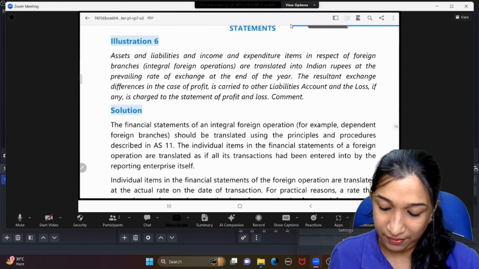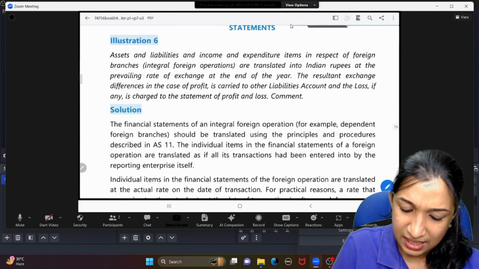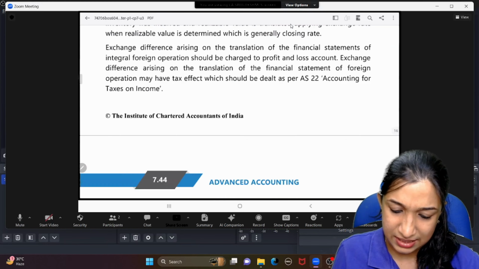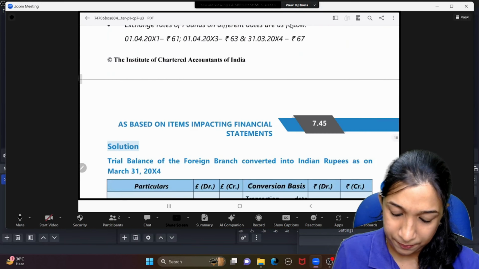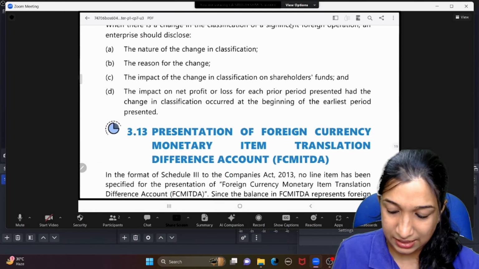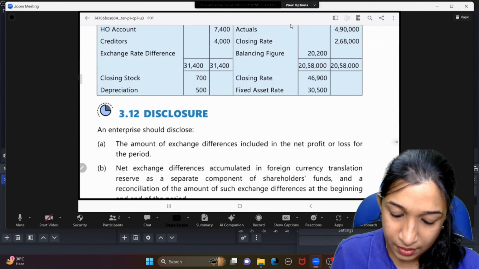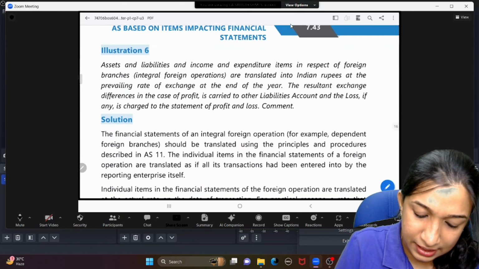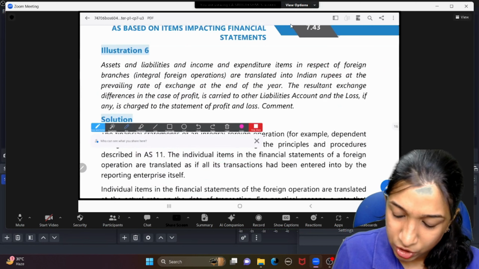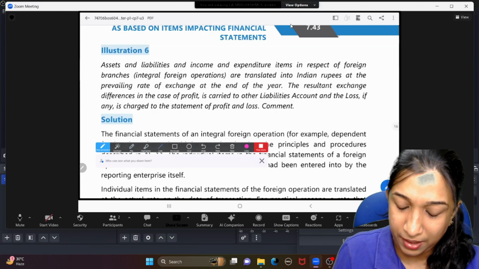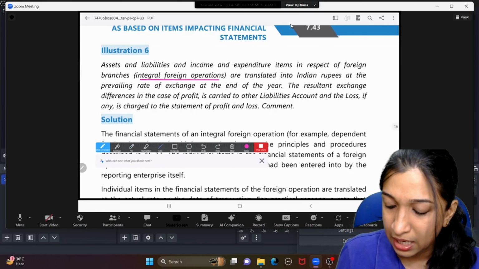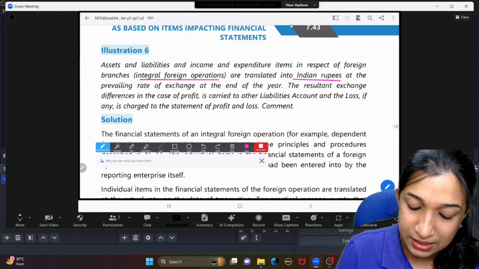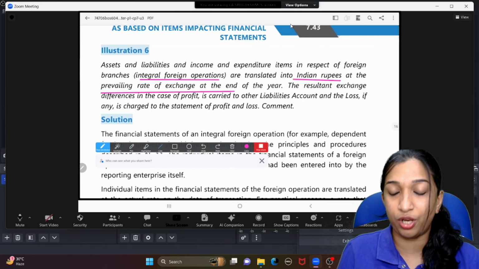So I'll just quickly take question 8, 6 and 7 we have already done. Assets, liabilities, income and expenditure items in respect of foreign branches, integral foreign operations, are translated into Indian rupees at the prevailing rate of exchange at the end of the year.